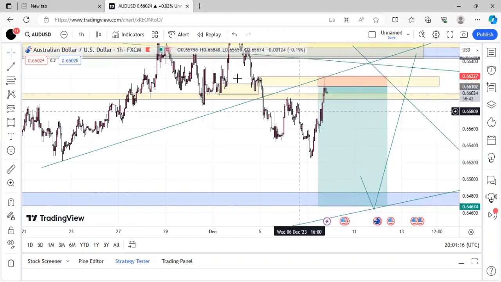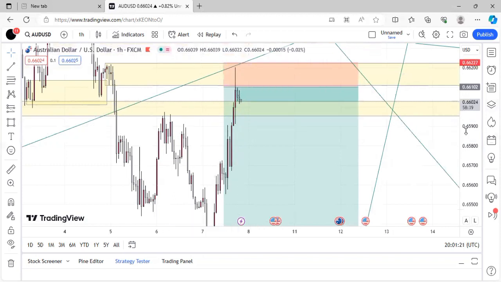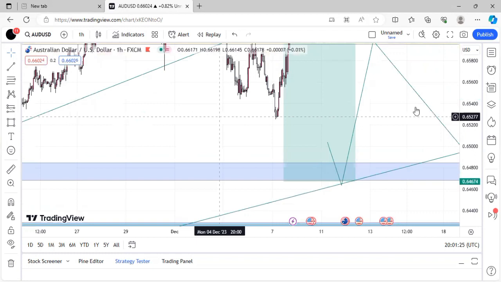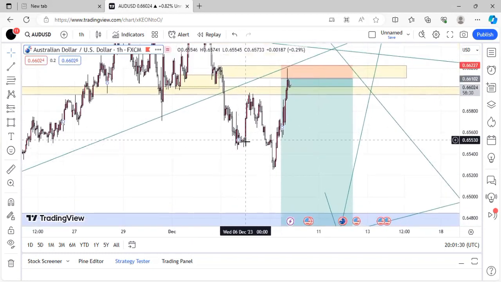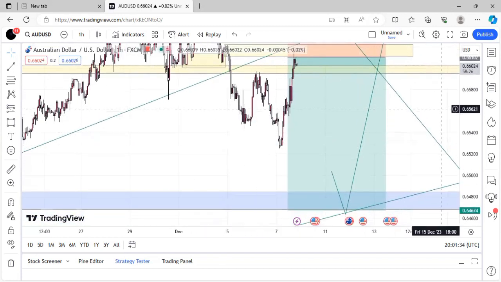I'm still going to wait to be very sure if I should take this sell or not, right? So I'm still very much waiting on the trade, right? So this is actually the point where I highlighted that I was going to sell AUD/USD, right?